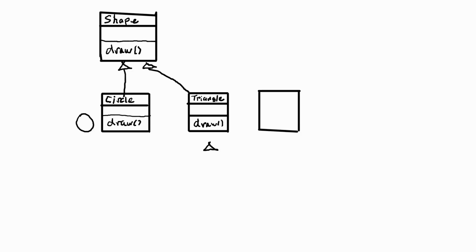And this one is going to be called a square. Now, my square is also going to inherit from that, and it's also got a draw method, which will draw something that sort of looks like that.